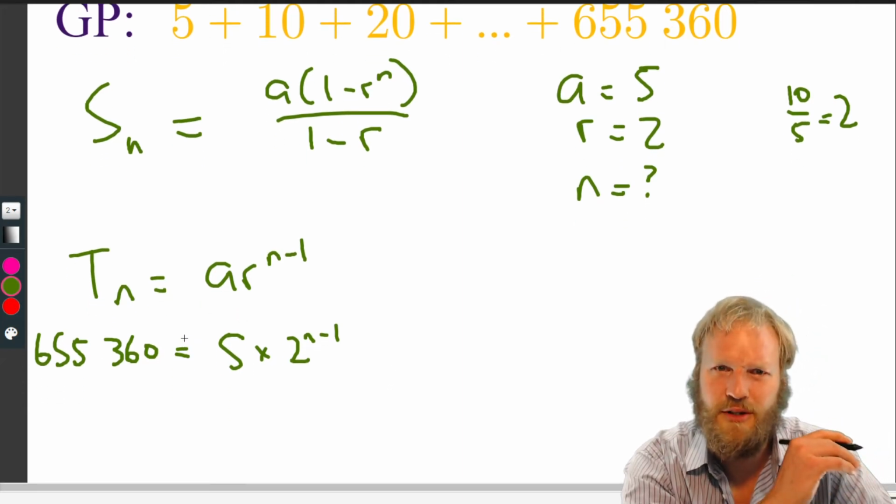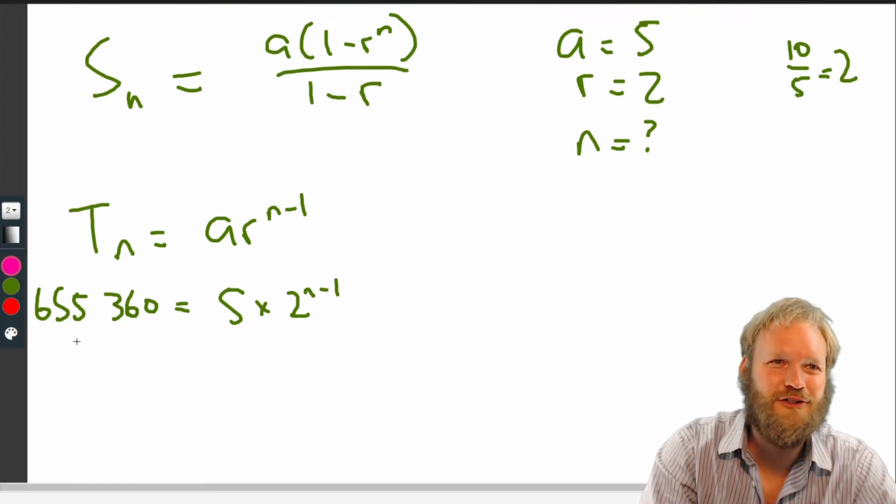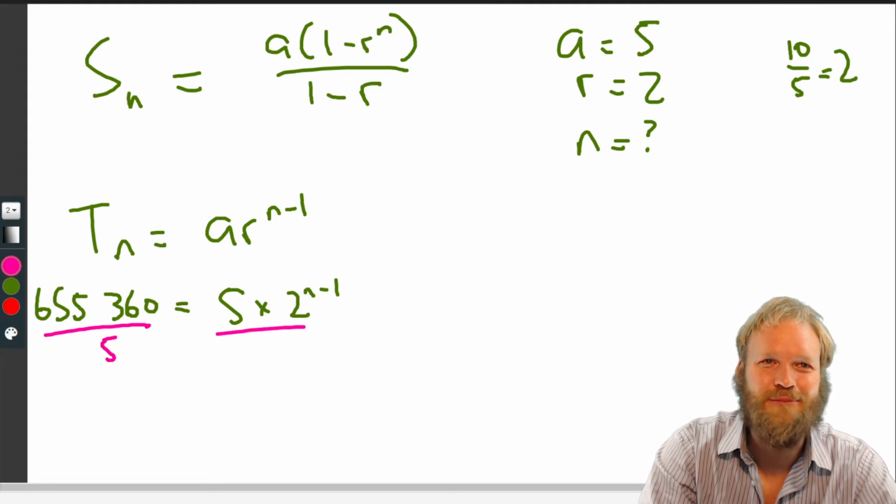Go for it. Are you happy to solve that? Cool. I'm extremely happy and excited to solve this. I'm going to divide both sides by 5.